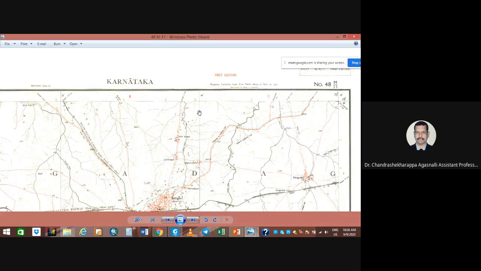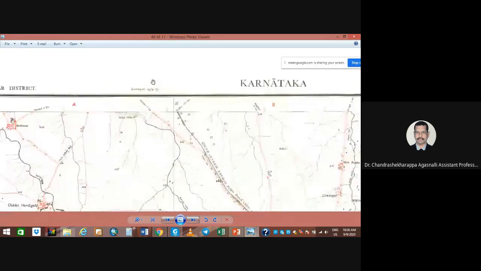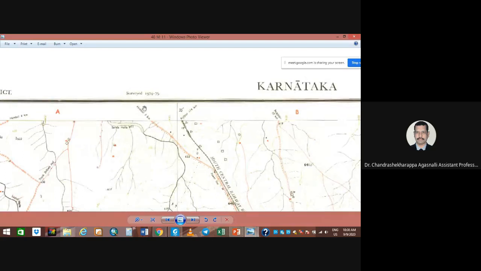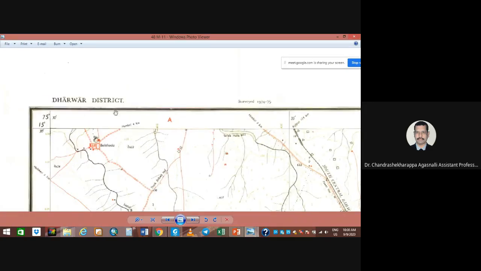Okay. And the topo sheet number is 48 M/11. Okay. And this has been surveyed in 1974 and 75. Okay, these are the things. This is which place? It's Dharwad district. Okay, this is Dharwad district.